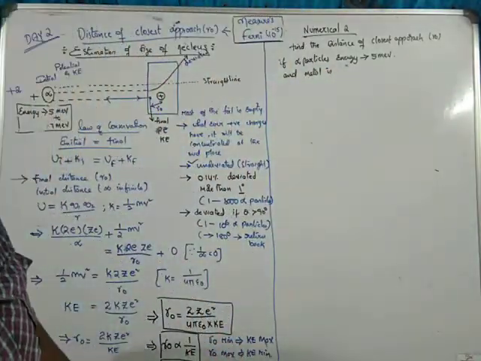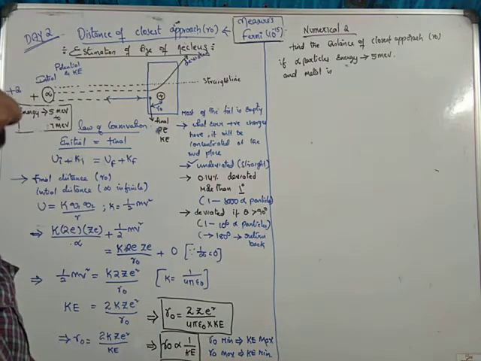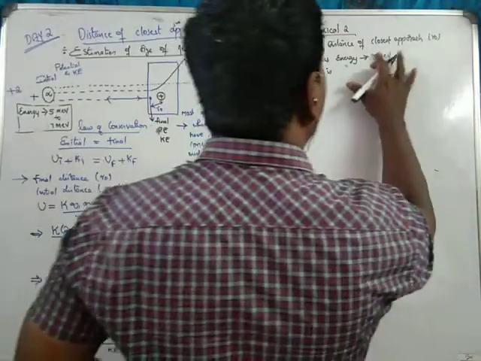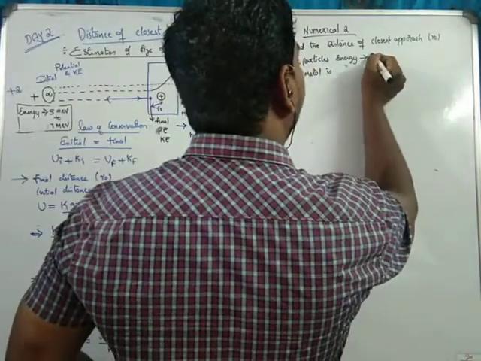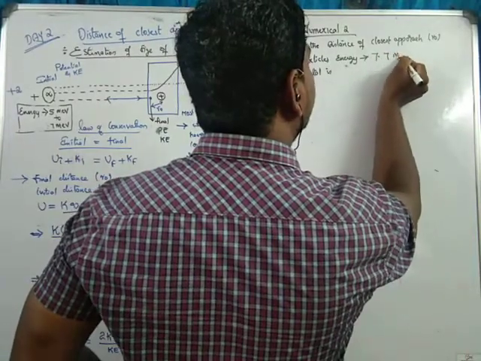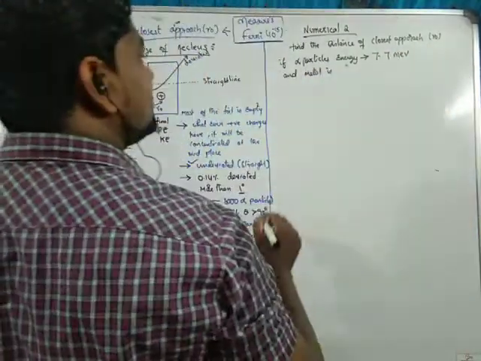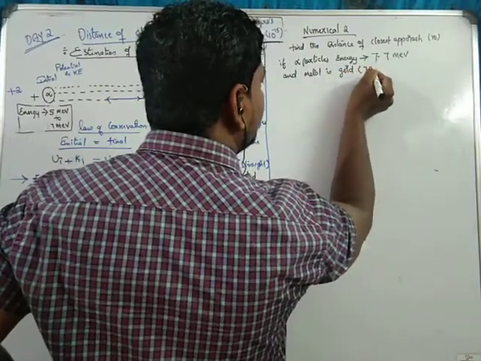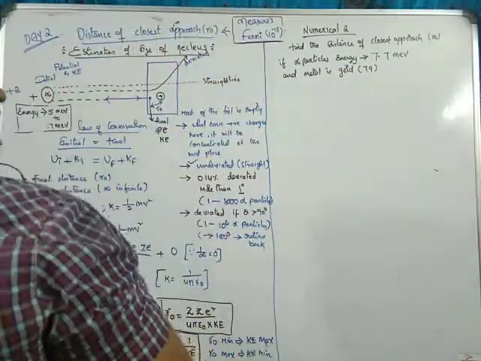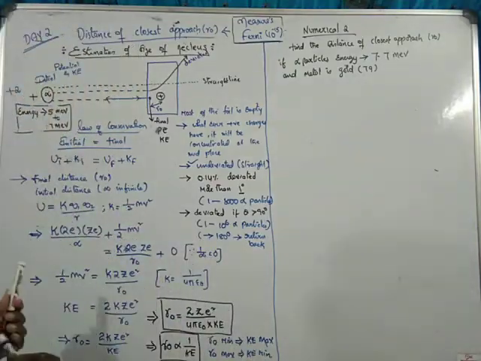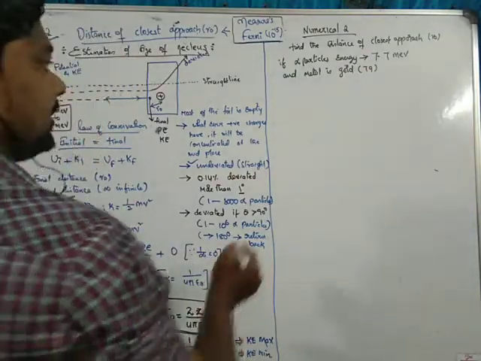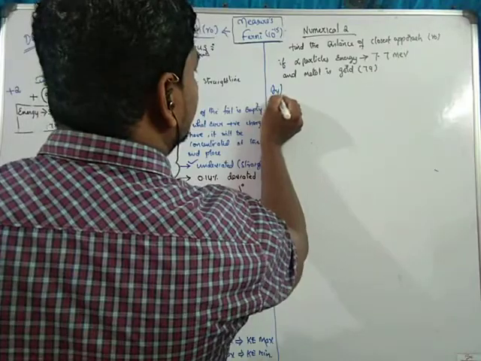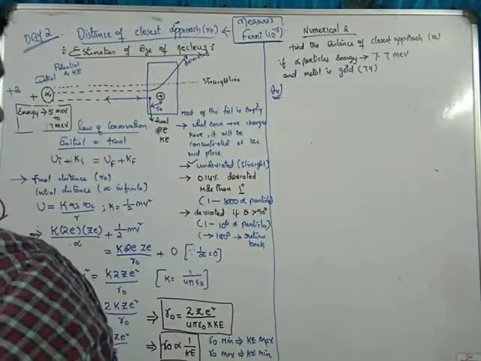Or rather, instead of 5, we will consider 7.7 mega electron volt, the maximum, and the metal we consider as gold, whose atomic number is 79. We have to calculate the closest approach. So here we have a question, and we have to calculate the answer.